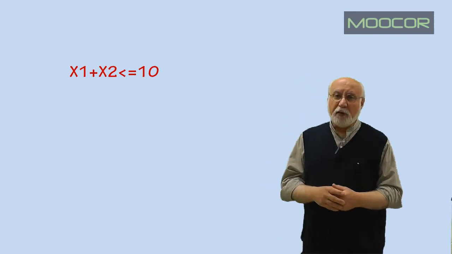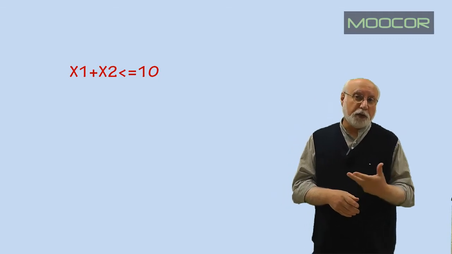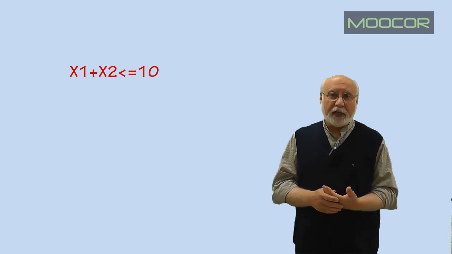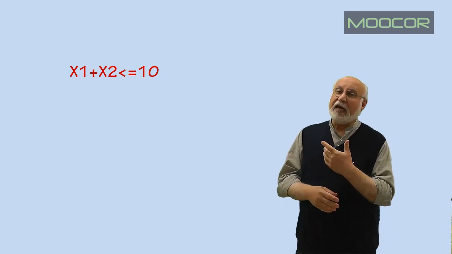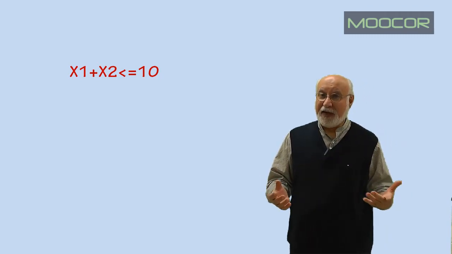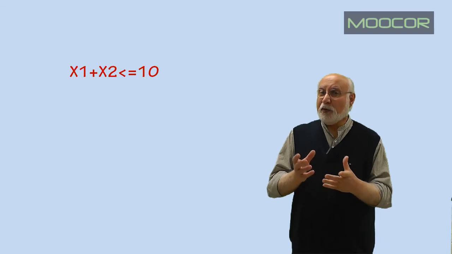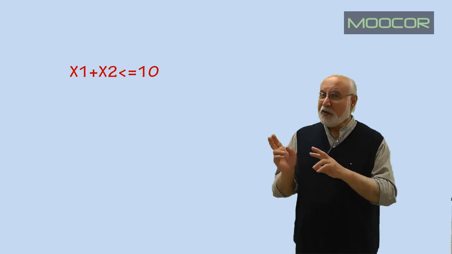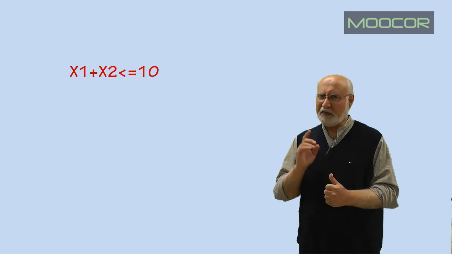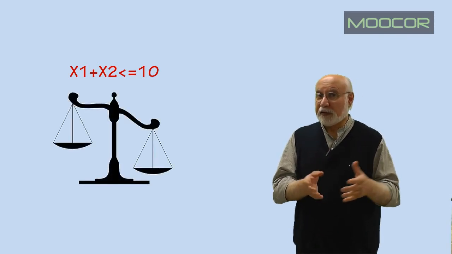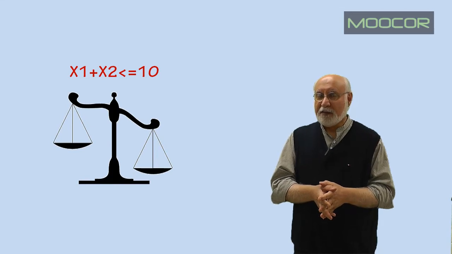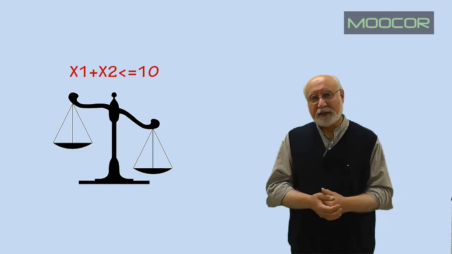In this case, we have x1 plus x2 less than or equal to 10. If I introduce a new variable that is equal to the difference between 10 and whatever x1 plus x2 is, then I would have balanced them out.